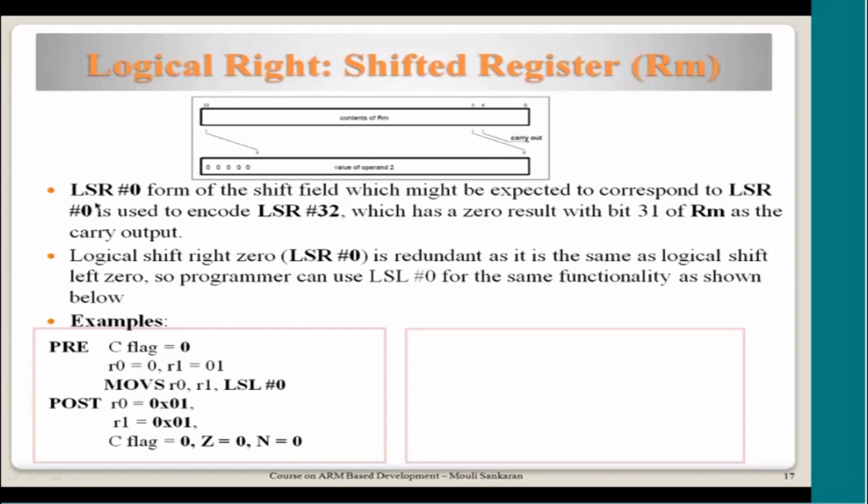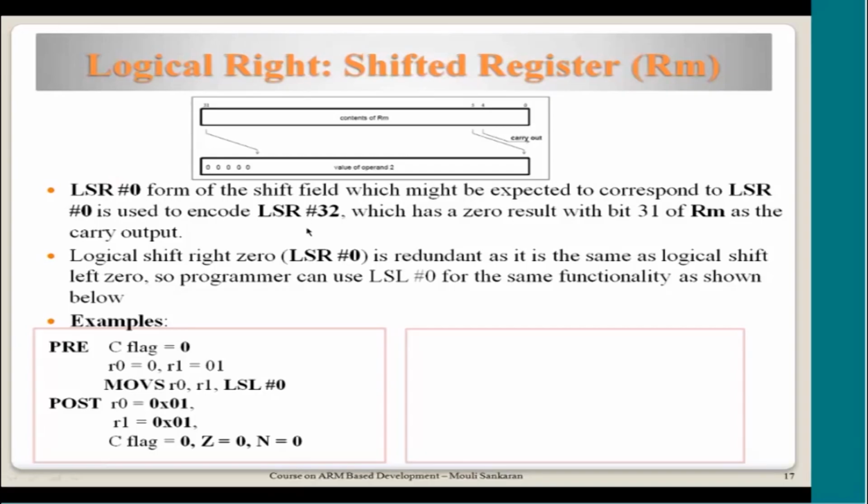So I don't have to have two options to mention the same thing. So they used this LSR 0, that is logical shift right by 0, not to mean that I don't want to do any shift operation and want to pass the same value of RM into the ALU. They used this pattern for some other purpose.